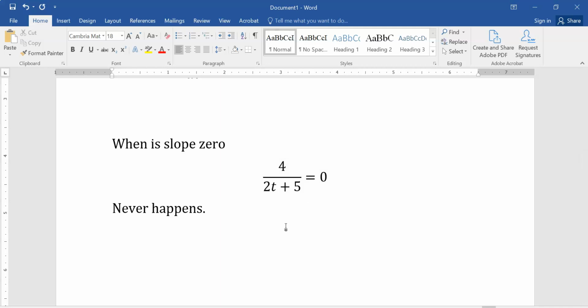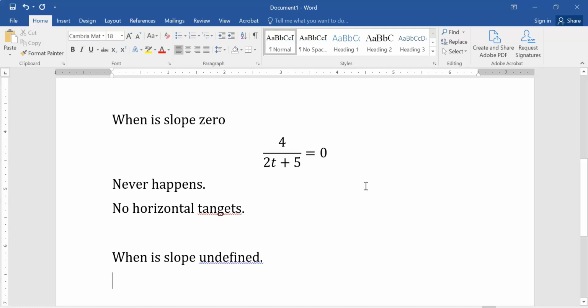And so that means that there are no horizontal tangent lines for this graph. Now, when is the slope undefined? Well, it's undefined when we're dividing by 0.